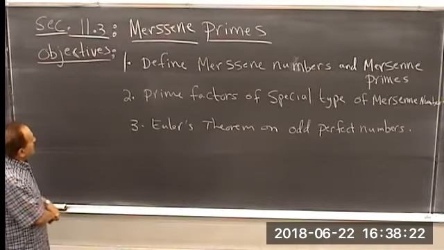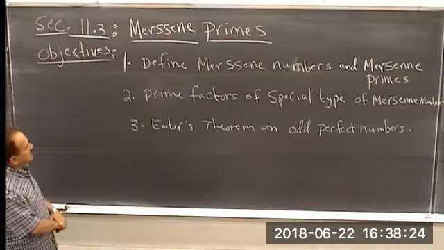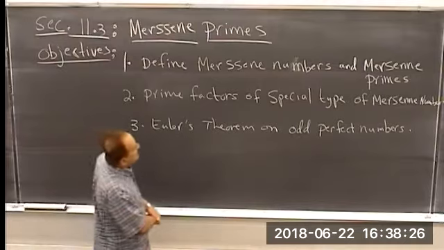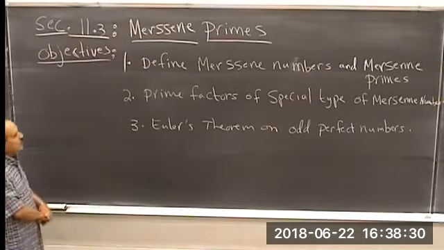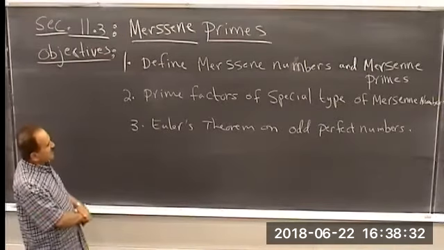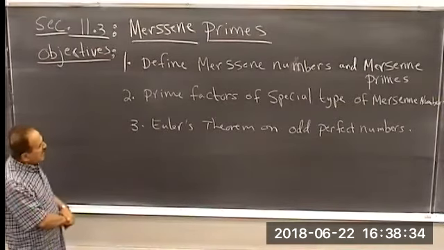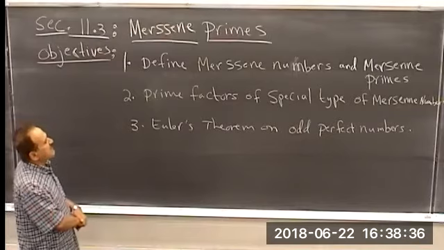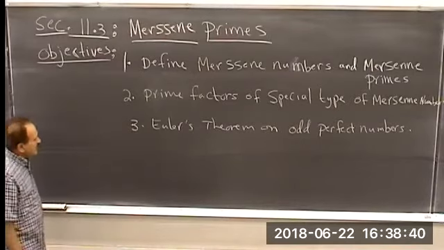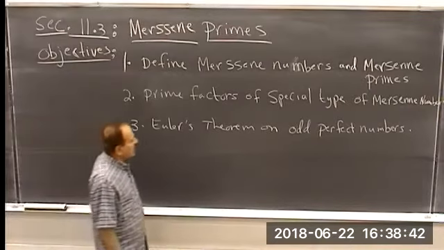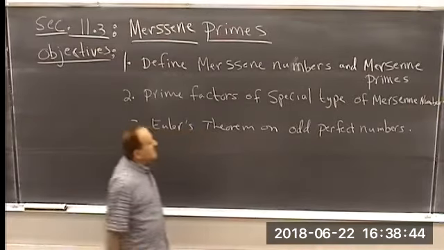So the objectives first: we're going to define what Mersenne numbers are, and then in particular what Mersenne primes are. Then we're going to look at the prime factors of the Mersenne numbers, and also at some special types of Mersenne numbers. Then we're going to end with looking at Euler's theorem on odd perfect numbers.